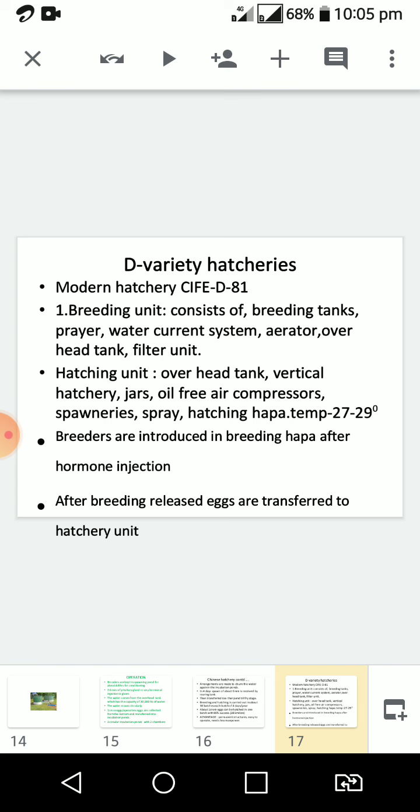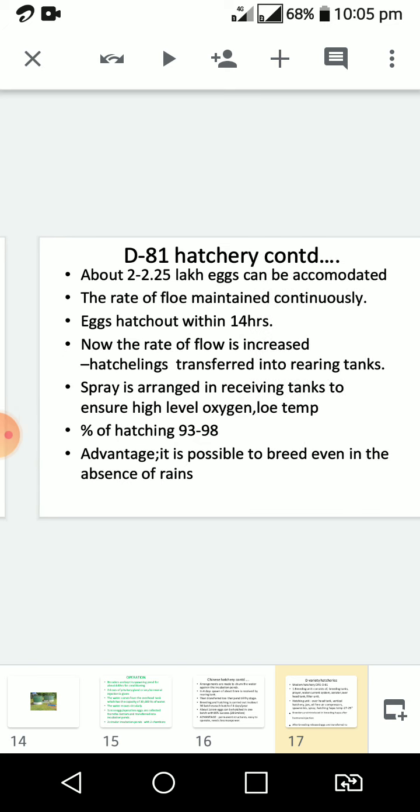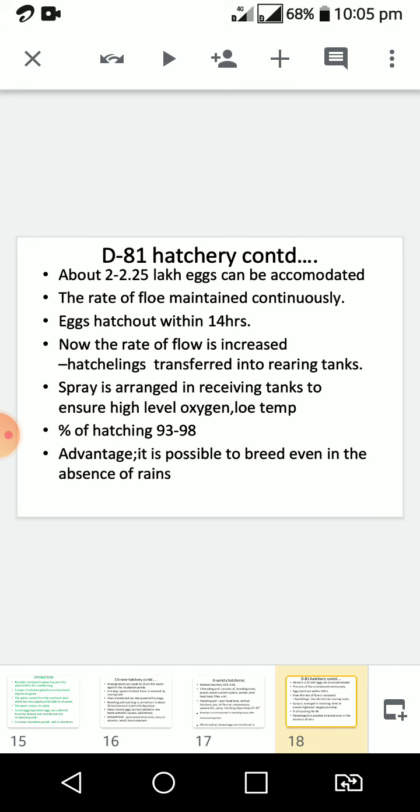So this is the D variety hatchery, and another type of hatchery is the D81 hatchery. About 2 to 2.25 lakh eggs can be accommodated in this hatchery. The rate of flow is maintained continuously, and eggs can be hatched out within 14 hours.